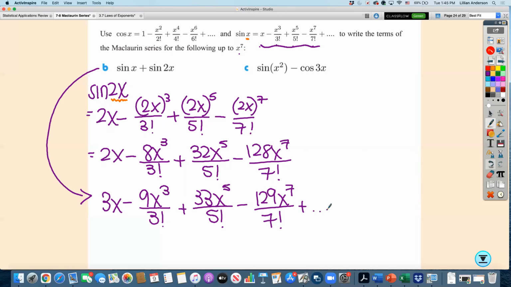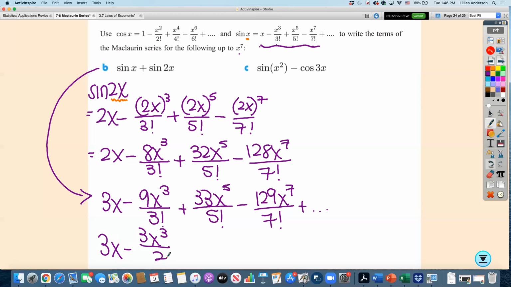The series does continue after that. You could continue to simplify this. Since you do have some coefficients here, 3 factorial is what number? 9 over 6 does reduce to what? 3 over 2?